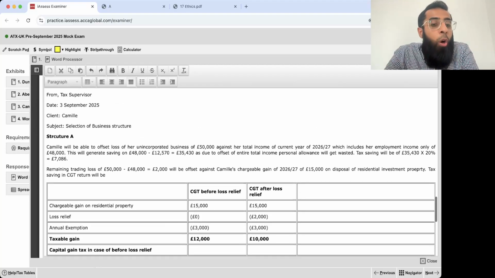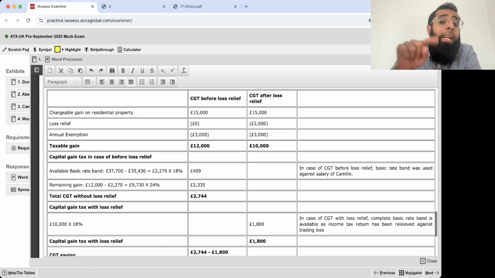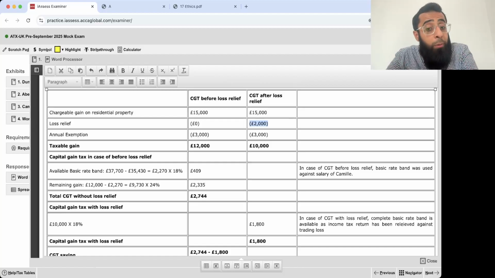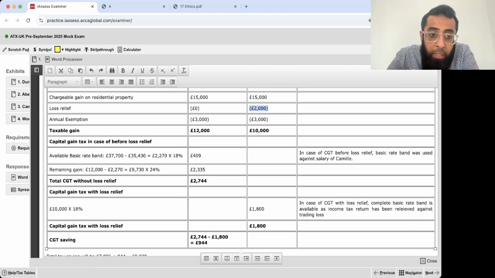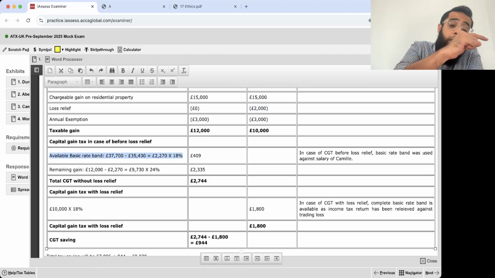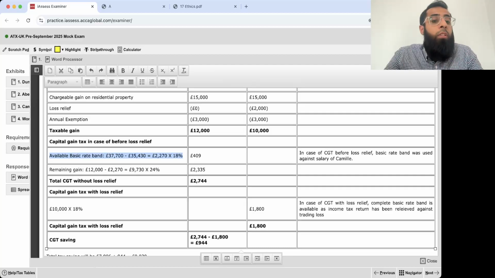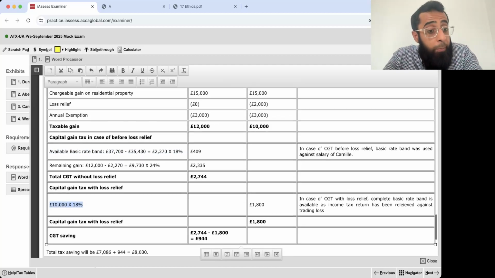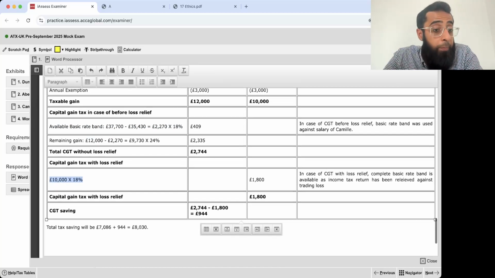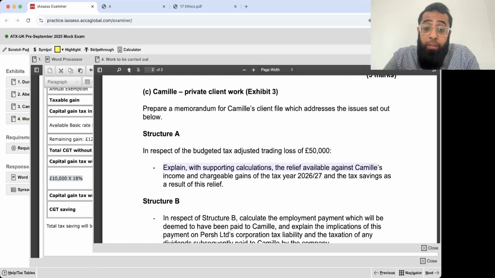Okay, so offset against the total income and then offset against the gain. Due to the offset against the gain, you offset only 2000. But the major impact was that your basic rate band got available because income tax return was cleared out due to the loss relief. So now the basic rate band became available for your CGT return. I hope that you have understood it.